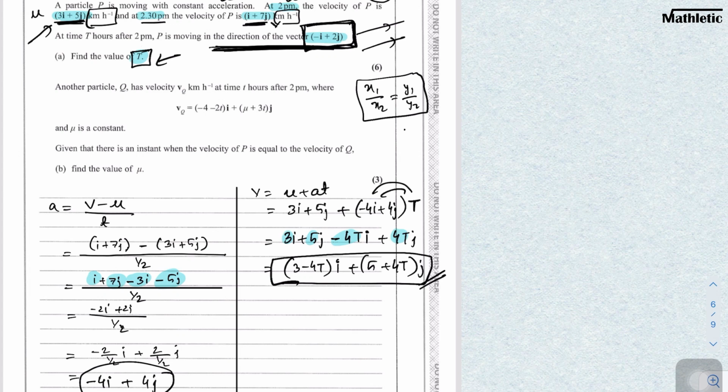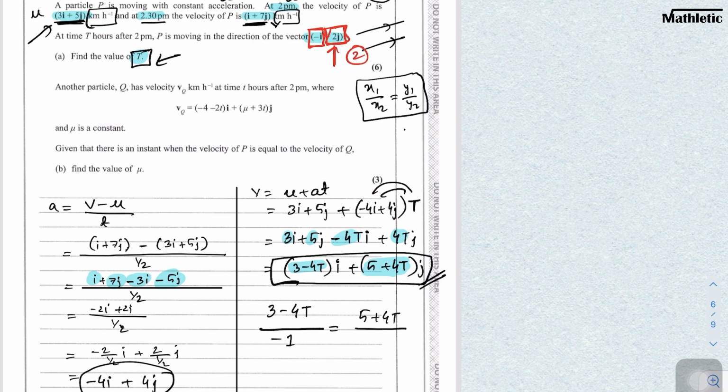So we just need to take the ratio of the coefficients for both these equations. So we have 3 minus 4t divided by, we have minus i, right? So minus 1. So the coefficient should be minus 1. For the second part, the coefficient of j is 5 plus 4t, and we have 2j.